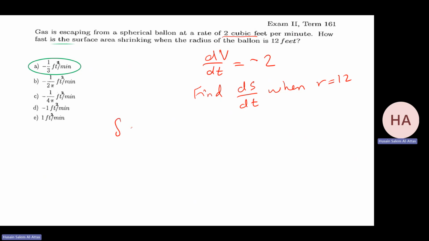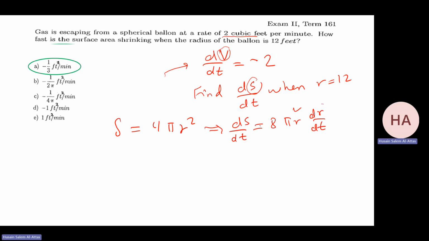I know the surface area for the balloon is 4 pi r squared. So that implies dS by dt. There are two ways to do it. Either I relate the V with the S, or I find the S in terms of r, and then I try to get the rate of change of r from this. Let me do it this way. dS by dt will be 8 pi r dr by dt.